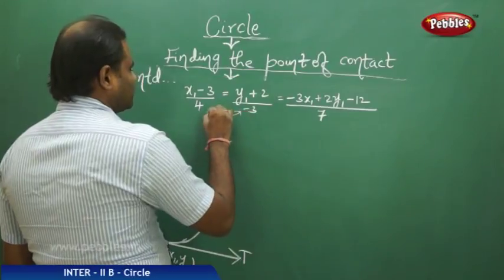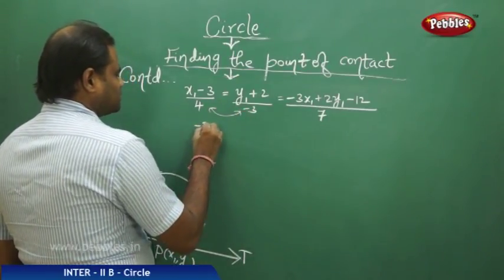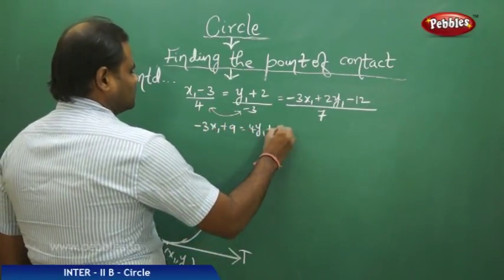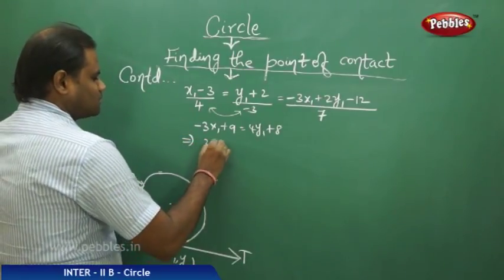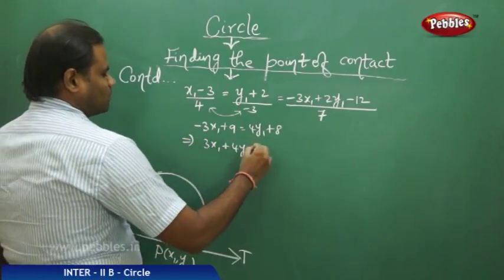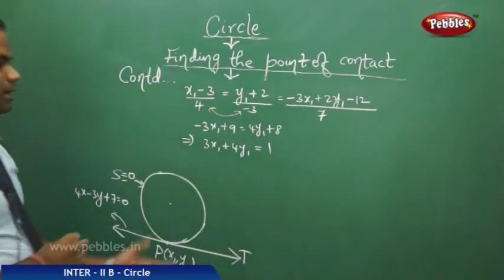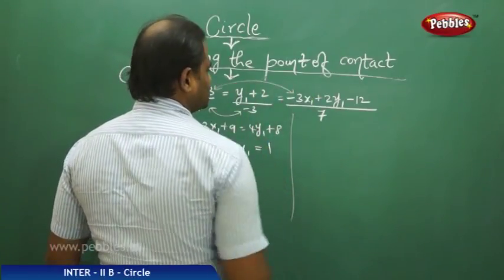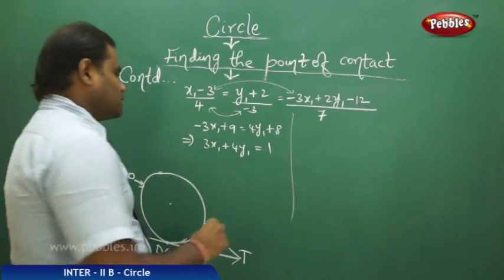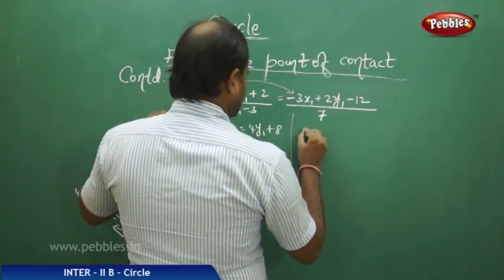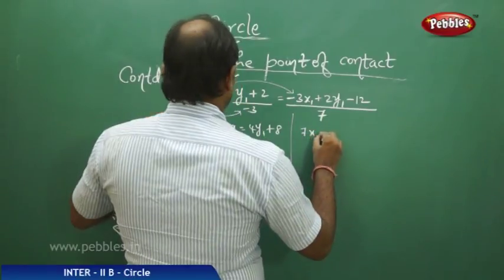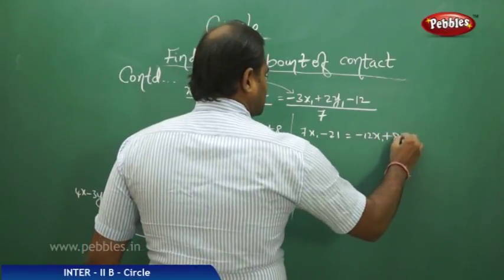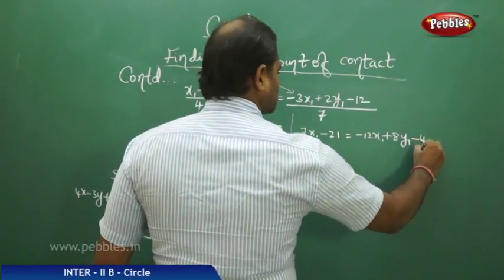So as I take these two equations, I have in cross multiplication, -3x1 + 9 = 4y1 + 8. This gives 3x1 + 4y1 = 1 on arranging the terms. Then I take the first and last equation, and on simplification this gives me 7x1 - 21 = -12x1 + 8y1 - 48.